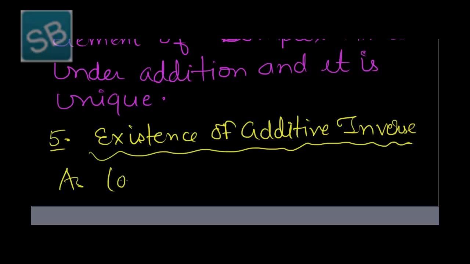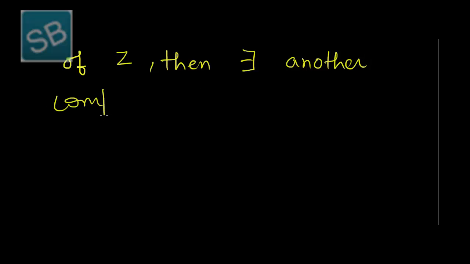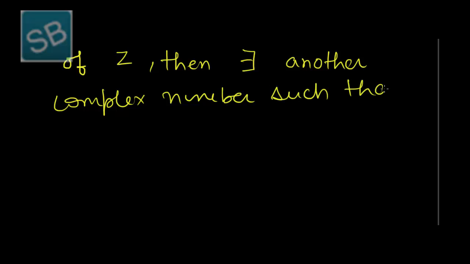As 0, 0 is the identity element, for Z there exists another complex number Z dash such that Z plus Z dash is equal to 0.